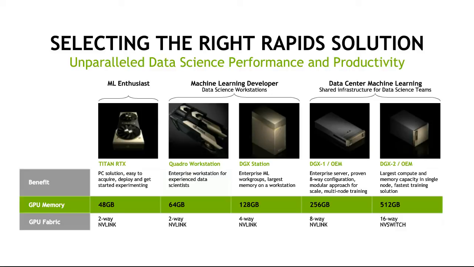As use cases become business critical and the problem sizes get larger, it's worth considering enterprise solutions like the Quadro workstation with two-way NVLink. An even more powerful solution to work with large data sets is the DGX station with four-way NVLink, which enables the shortest training times along with the largest memory footprint on a workstation.